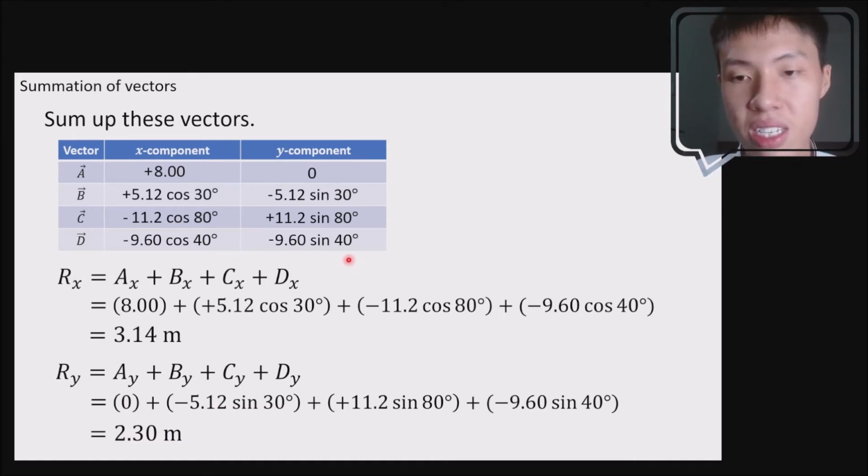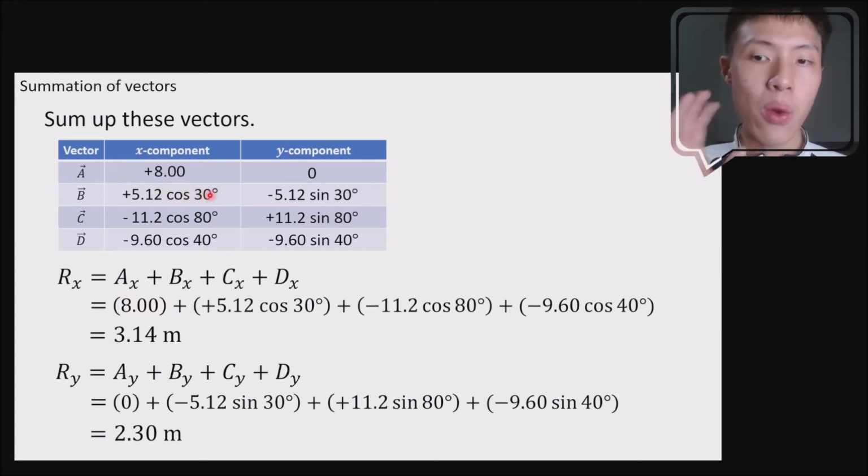Some of you might be thinking of writing the answer of the summation down here straight away. Yes, it's allowed as well, but I personally prefer to write an equation because an equation shows really clearly what is equal to what. And some of you might be thinking, why don't I calculate plus 5.12 cos 30 straight away, then put in my answer here? Well, I don't do that because later you need to round off your answer.